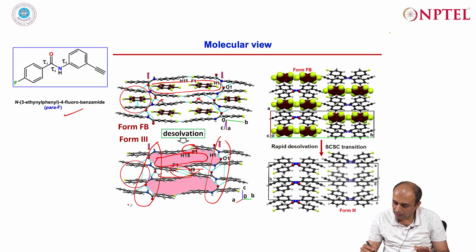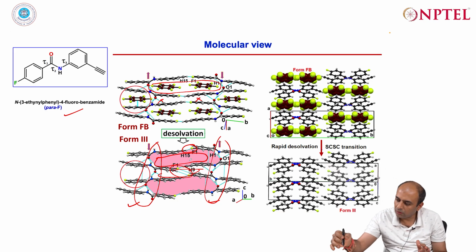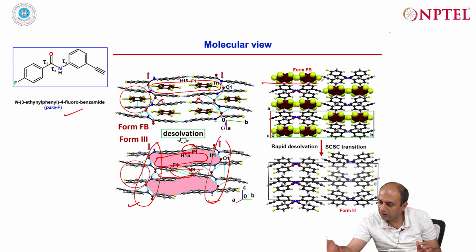So, both strong hydrogen bonds as well as the weak hydrogen bonds create this three-dimensional structure, and the voids which are available as shown in pink can now include the hexafluorobenzene. This is to show the shape requirement, the volume requirement, that it is very nicely fitting. The volume requirement of hexafluorobenzene is such that it is very nicely fitting into the voids which are created.